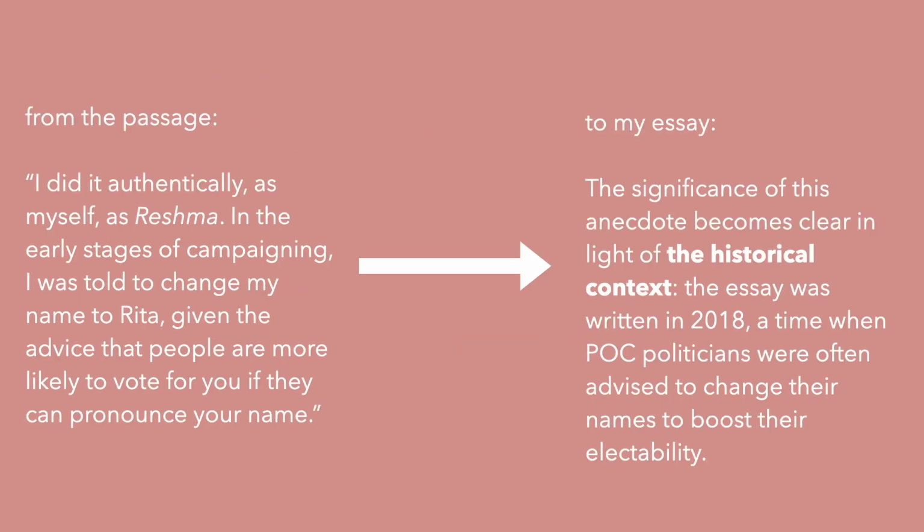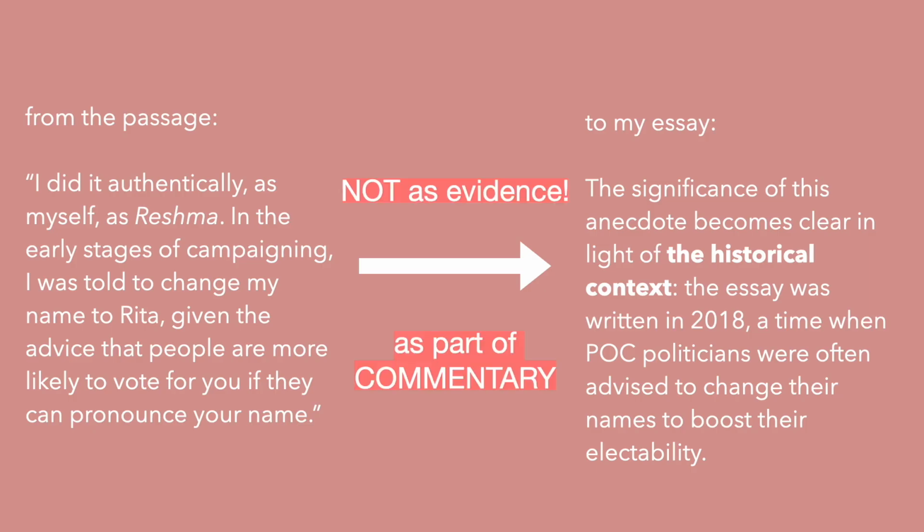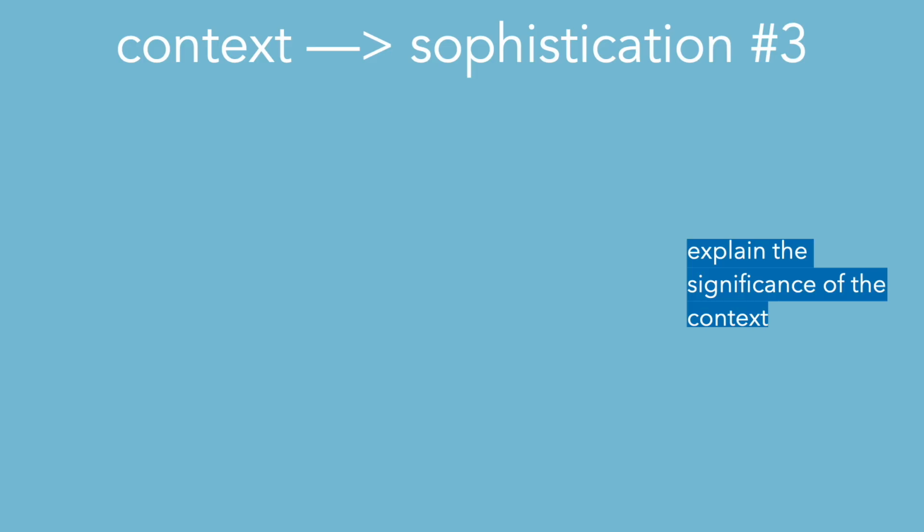Important distinction. These 2 sentences are not included in my rhetorical analysis as evidence. They are included in my commentary because they are providing context that helps explain the significance of the voter anecdote. Let's continue with step number 3.